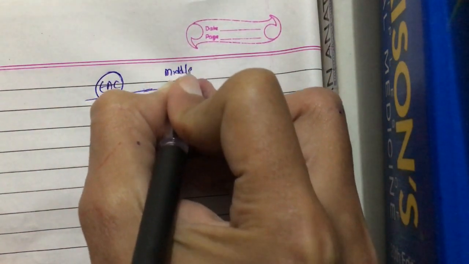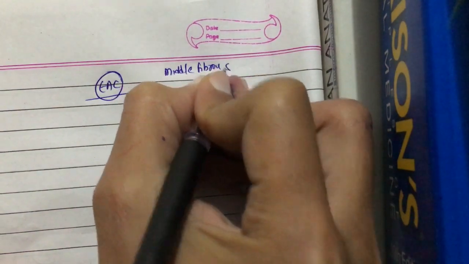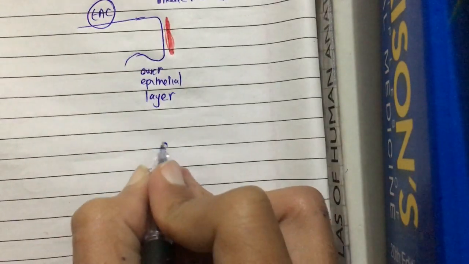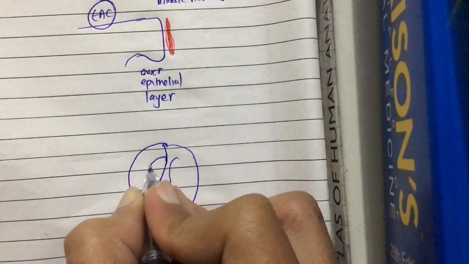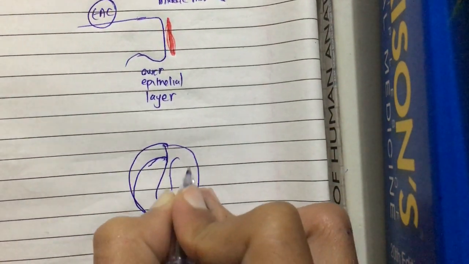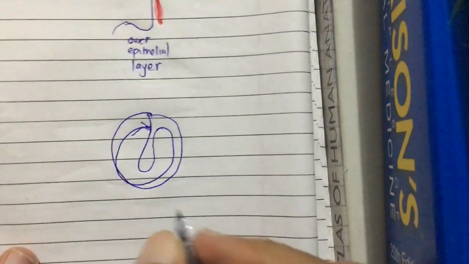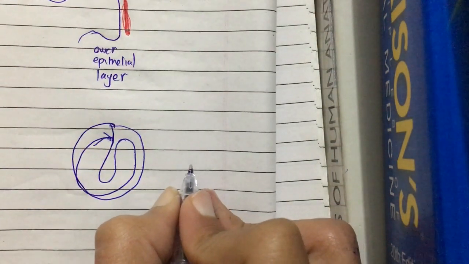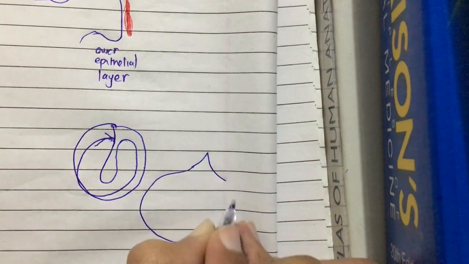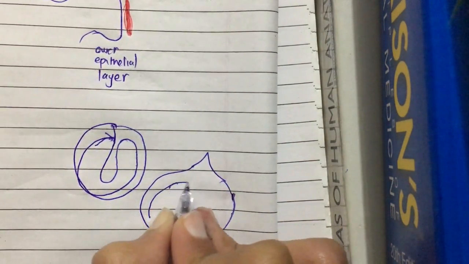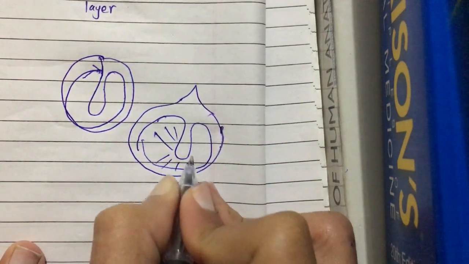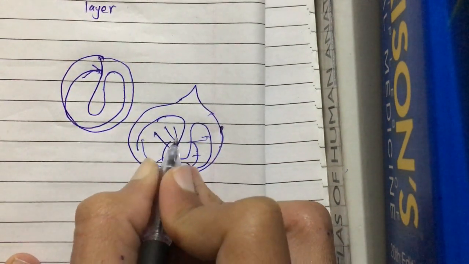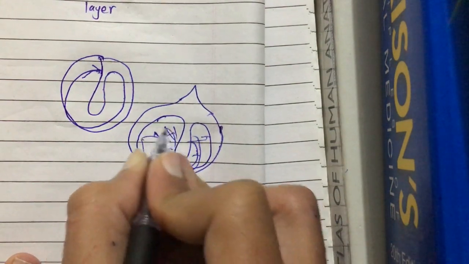There are 3 types of fibers found in the tympanic membrane: radial fibers which radiate from the umbo, circular fibers, and parabolic fibers.